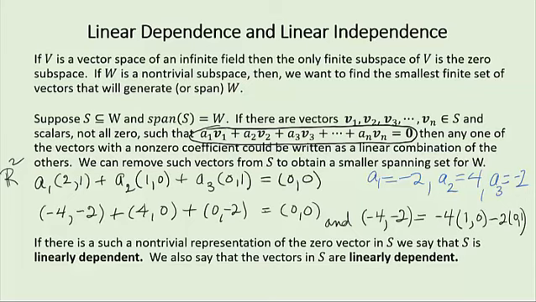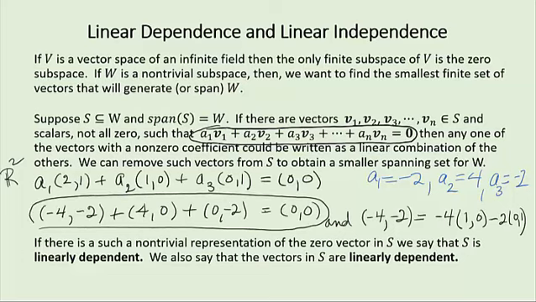So filling in the coefficients, you have this sum of three vectors that gives you the zero vector. And notice that we can take one of those vectors and solve for it in terms of the other two. That's all this is saying above.